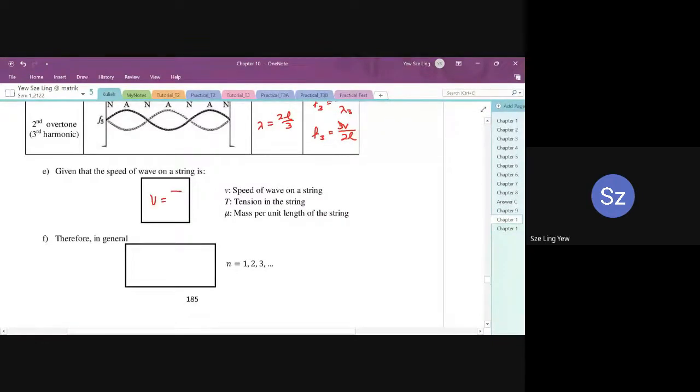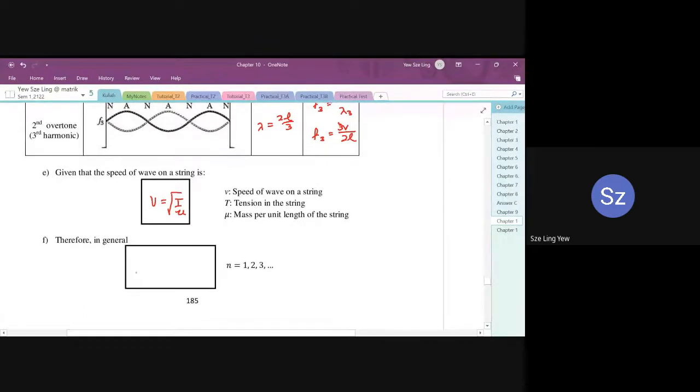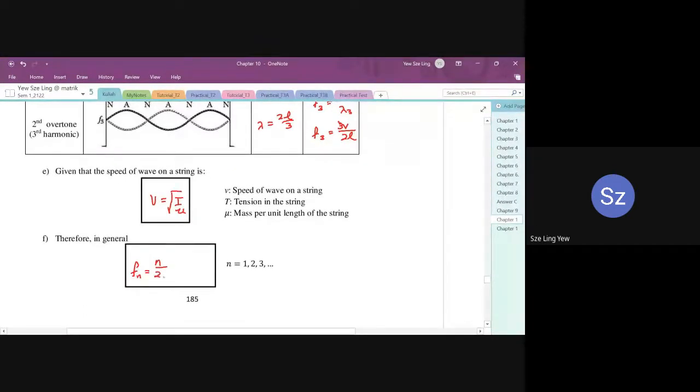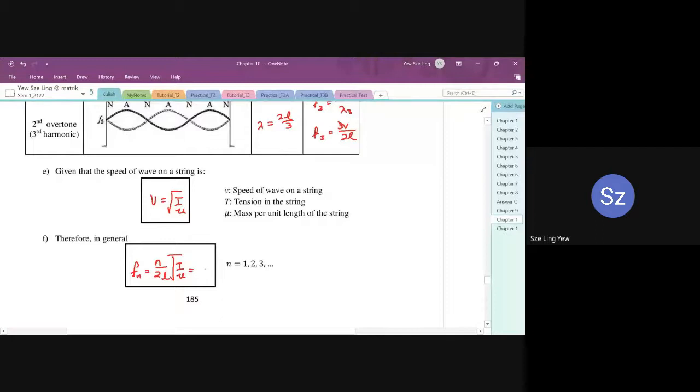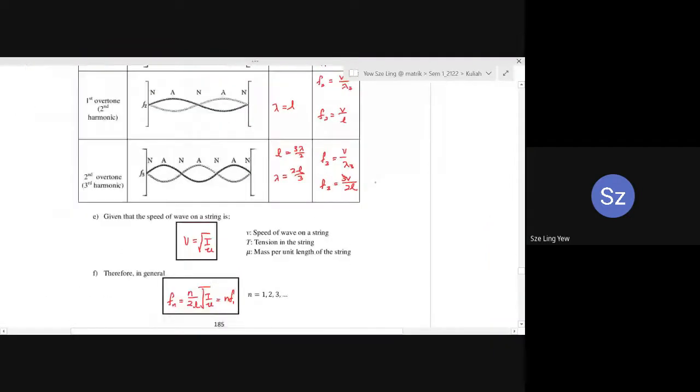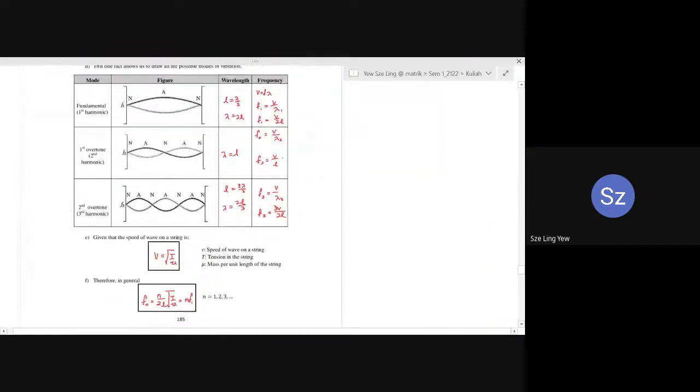V equals square root T over mu, and the general equation Fn equals n over 2L square root T over mu, which is then equal to nF1. These are the things given in your lecture notes. If you want to write it down, you may write it down.